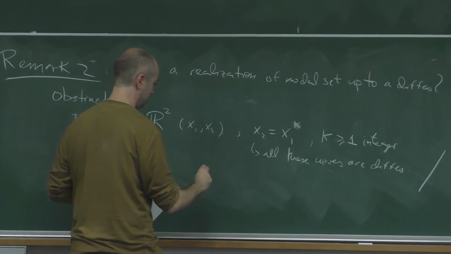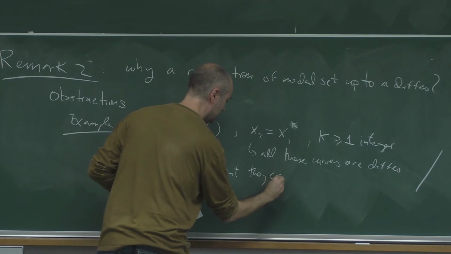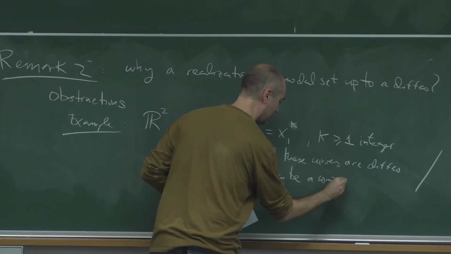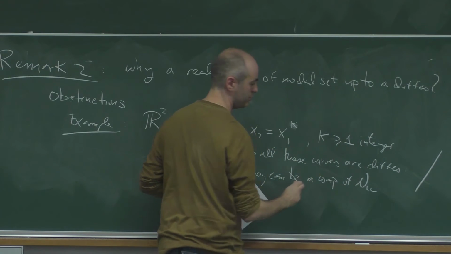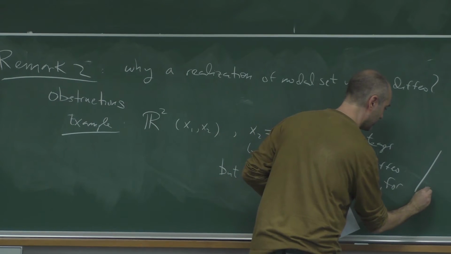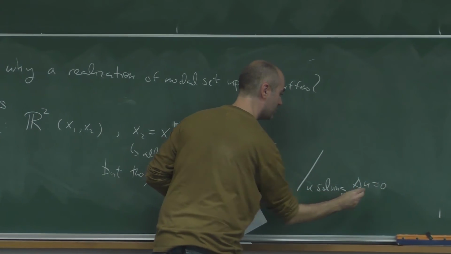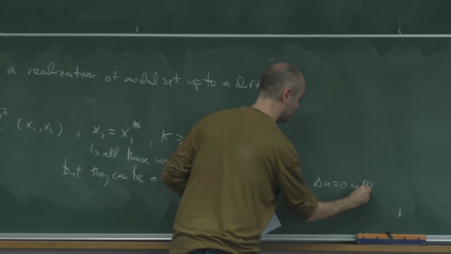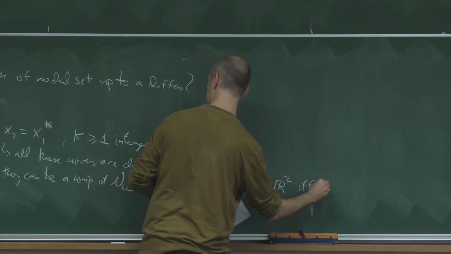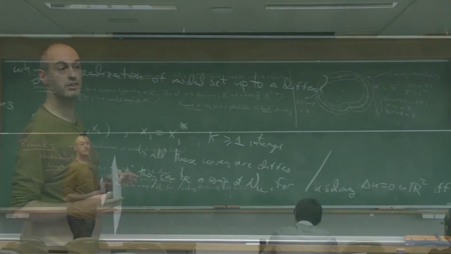But they can be a component of the nodal set of U, for a harmonic function U solving Laplacian of U equals 0 in R2, if and only if k is equal to 1 or 2. Only in these two cases.